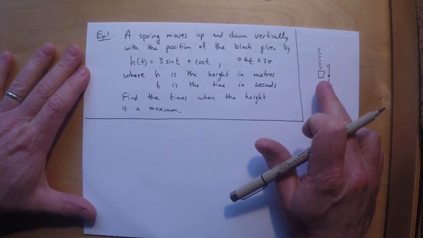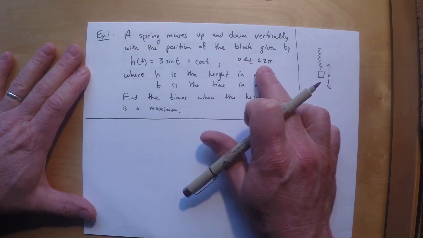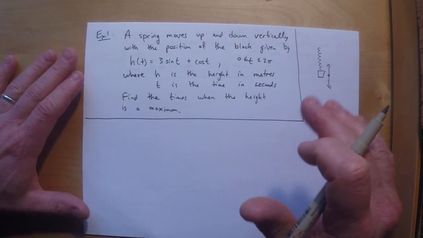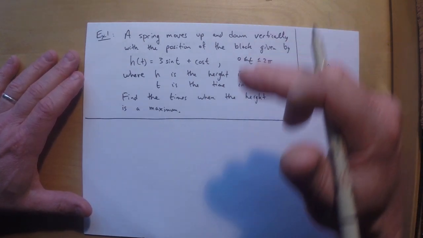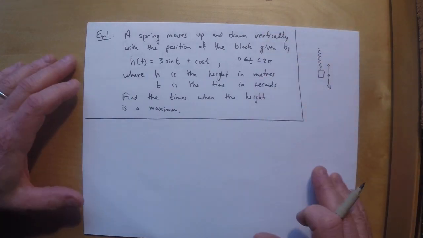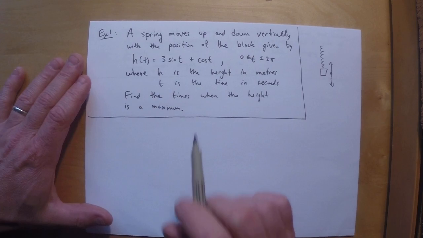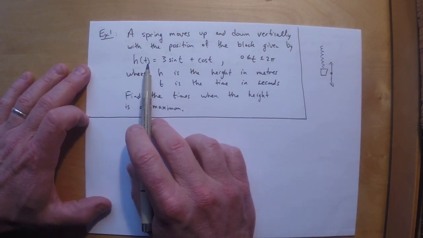But assuming this goes up and down, and especially in that small time frame, there'd be very little time for dampening. We're assuming it's not going to dampen over time due to effects of gravity and friction and all that kind of fun stuff. So there's the position function.